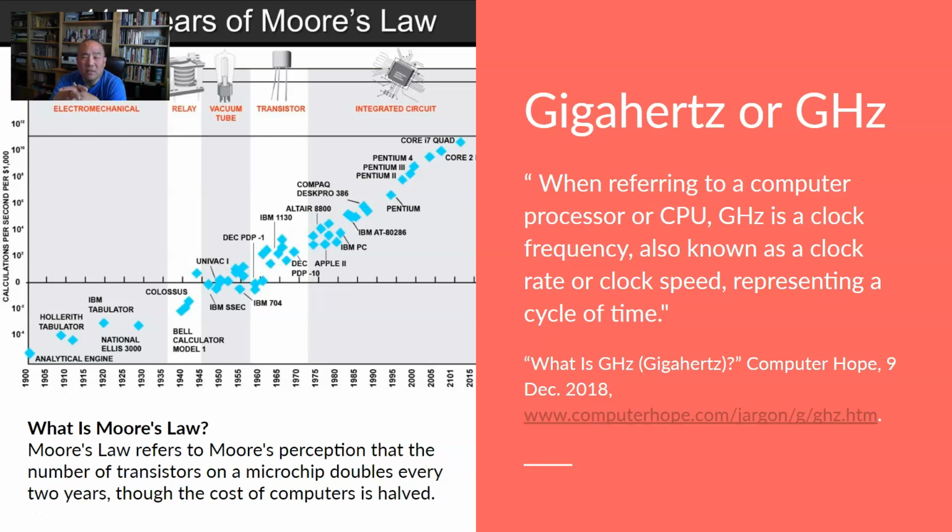Nevertheless, Moore's Law is still considered a truism: the cost of computer processing power is coming down, and yet the ability of the computer today is just getting faster and faster, more capable.